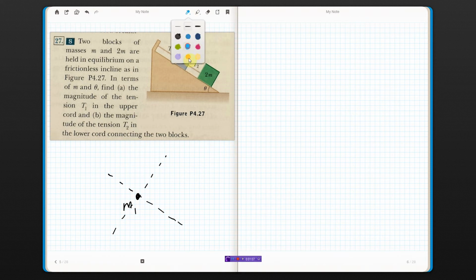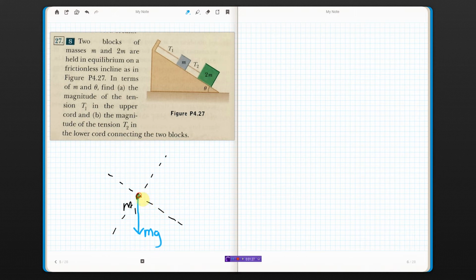The forces on M1 are, let's see, we've always got gravity. In this case it's mass times gravity, which is mg.